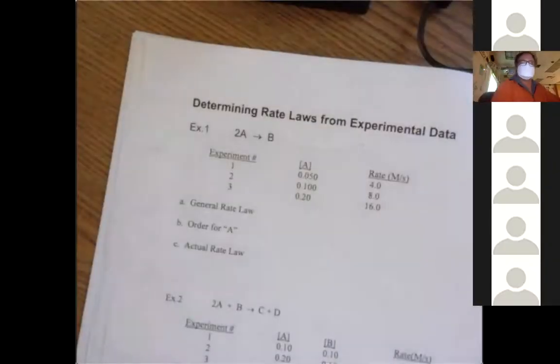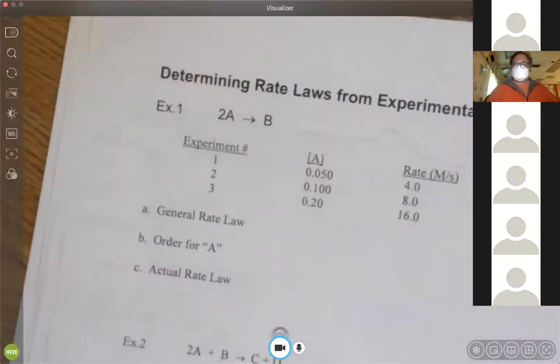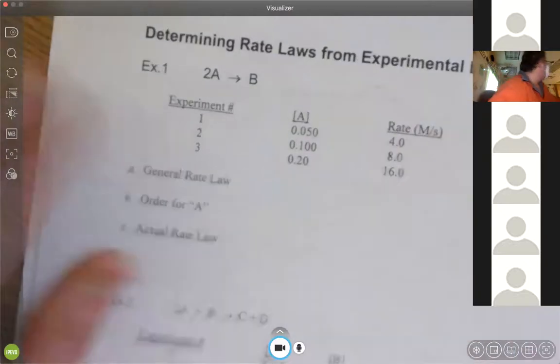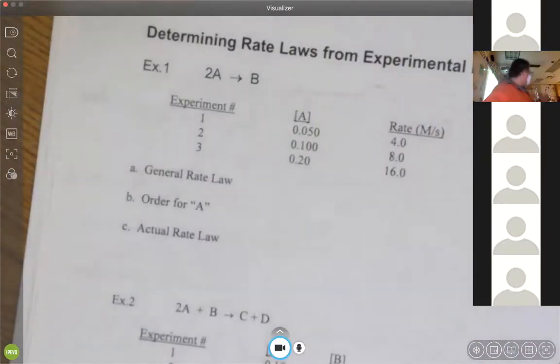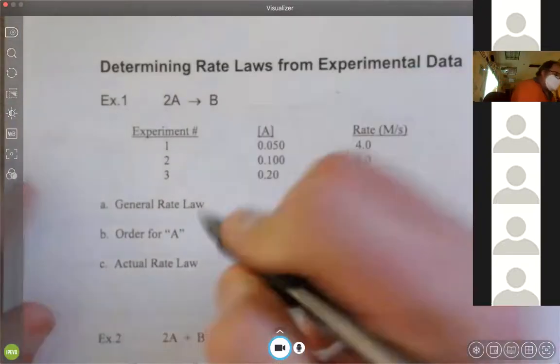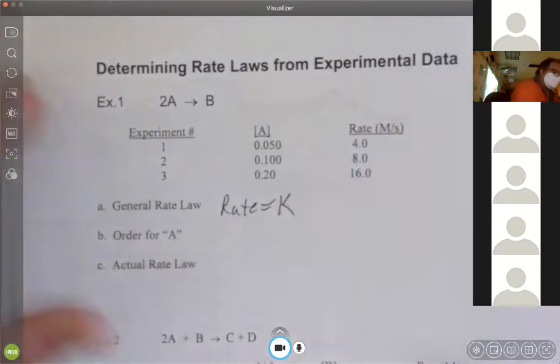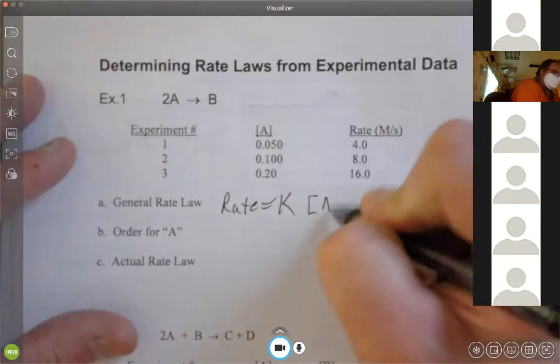So don't worry too much. We don't even do those in the AP course. That's like 600 level college chemistry classes for majors. So we do figure out what K is. The general rate law for any reaction is just rate equals a constant K times the concentration of the reactants.